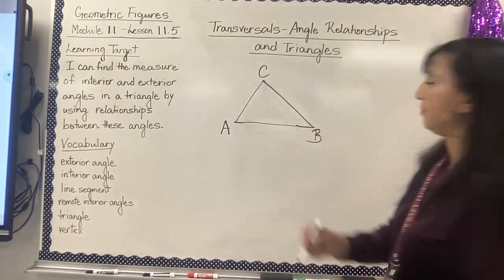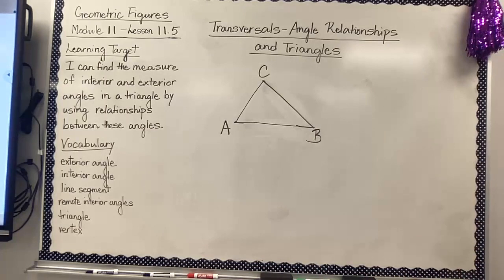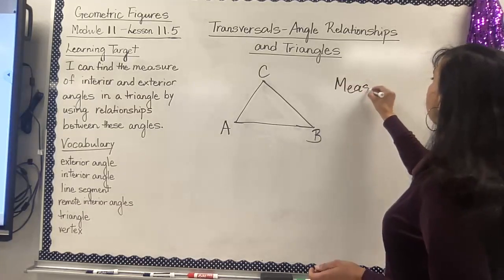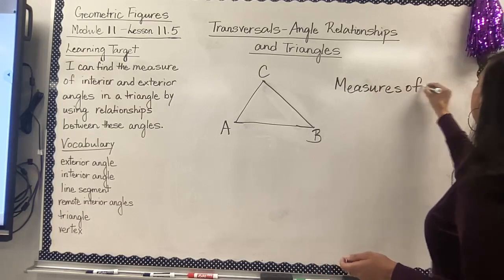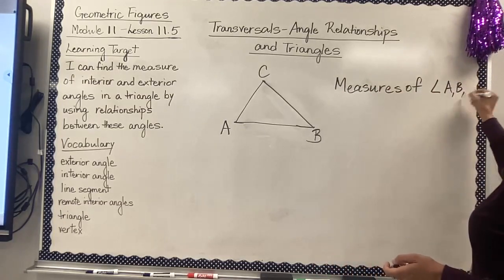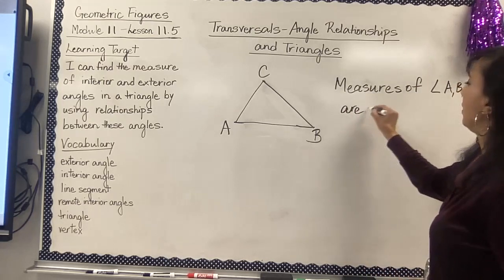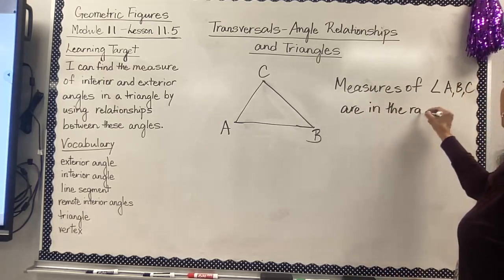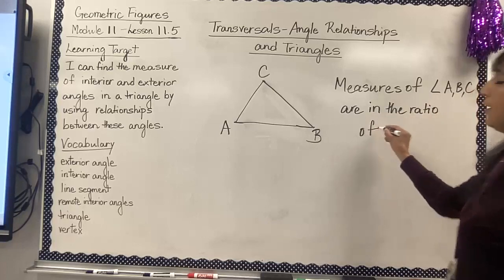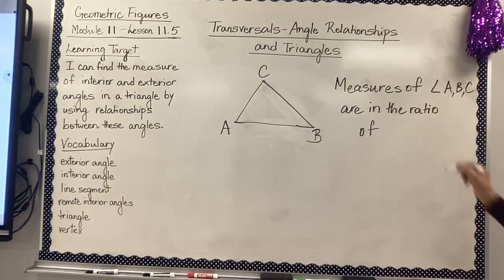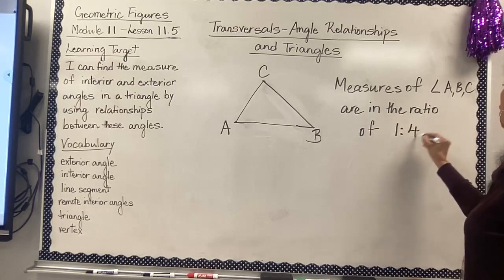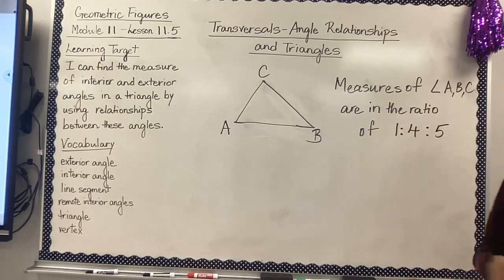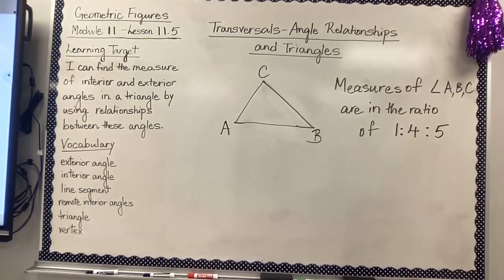And the measures of angles A, B, and C are in the ratio of 1 is to 4 is to 5. So 1 to 4 to 5, and that is my ratio. And so we need to find the measure of each angle.